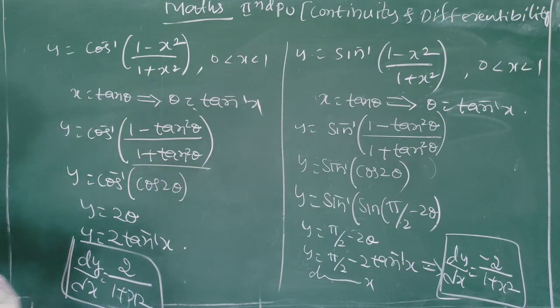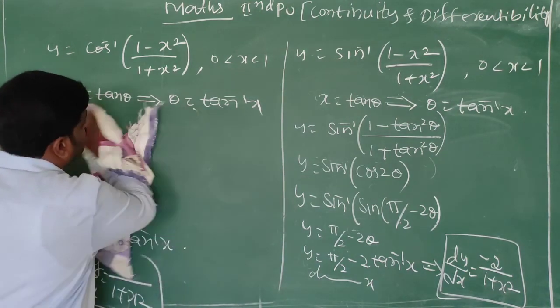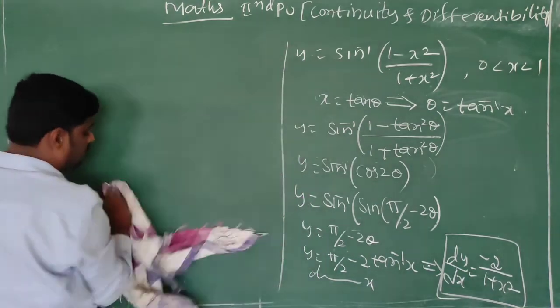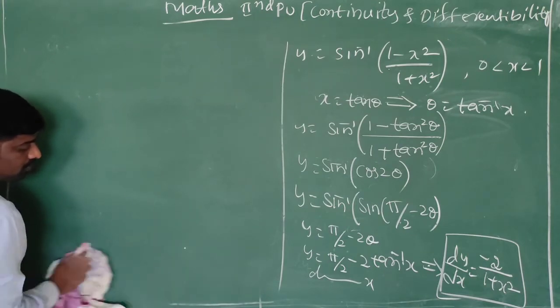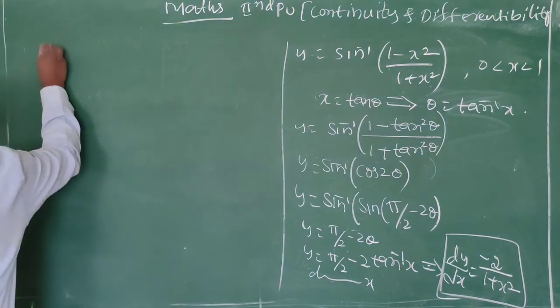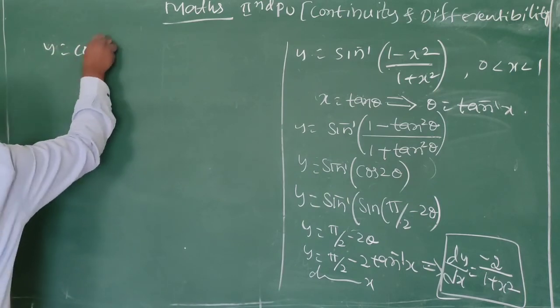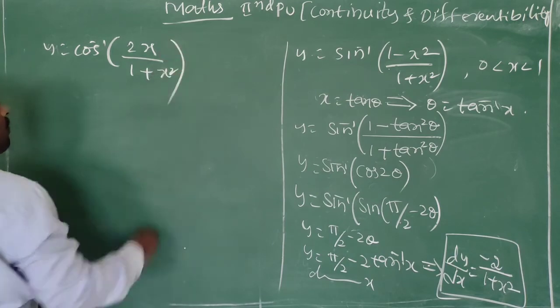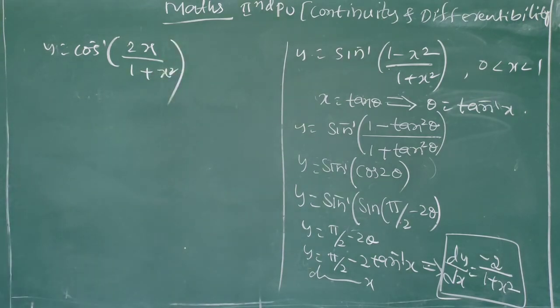Next, y is equal to cos inverse of 2x divided by 1 plus x square.